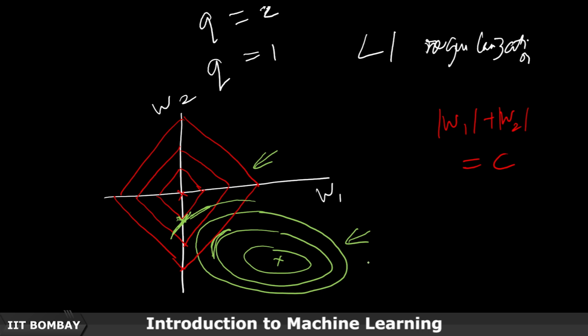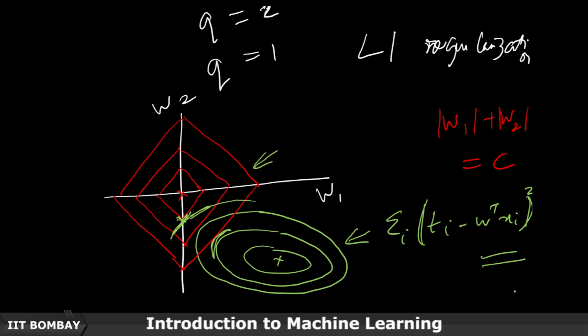See, if you look at the contours of Ti minus W transpose Xi, and we will take the square of this and sum it over i, this is elliptical because the shape of these contours depends on the covariance matrix of X. So if X has two different dimensions that are correlated with each other, these ellipses will be tilted as opposed to being aligned to the axes.